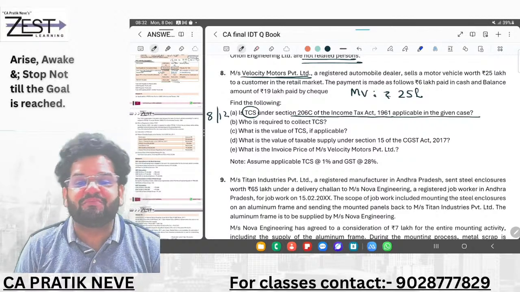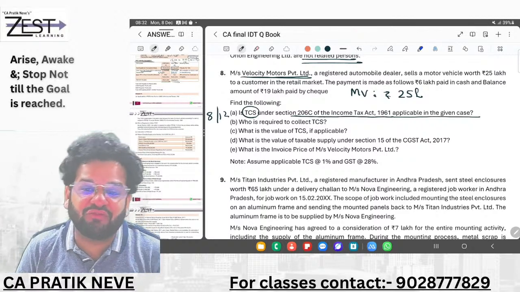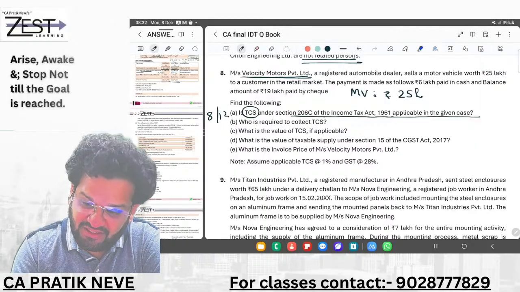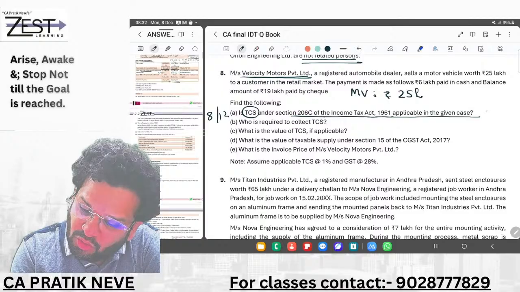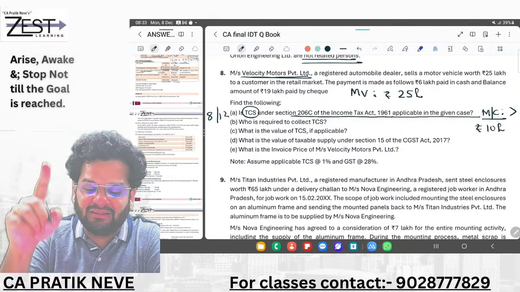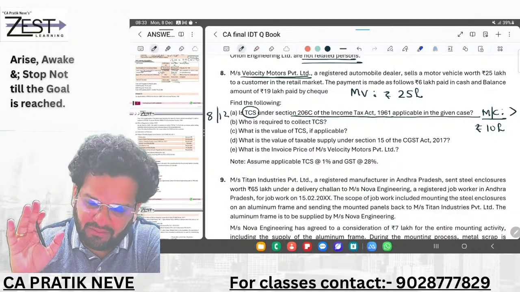So you know what? TCS, this is TCS of Income Tax Act. Is it applicable in given case? Yes. When the value of motor car exceeds rupees 10 lakhs, then this TCS is applicable.